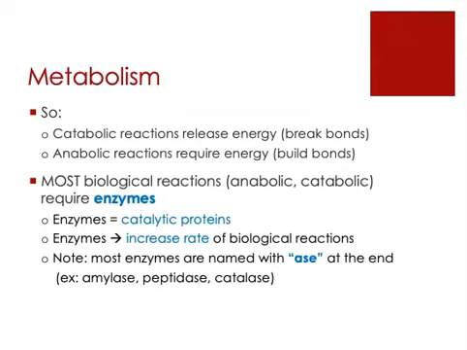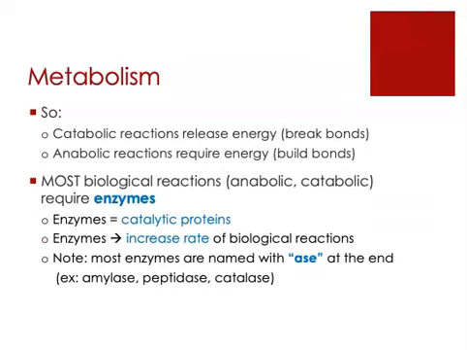Most biological reactions, whether they're anabolic or catabolic, are going to require enzymes. Now, enzymes are simply catalytic proteins. And remember, that word catalytic means able to enhance a chemical reaction. It's going to make a chemical reaction occur more swiftly.